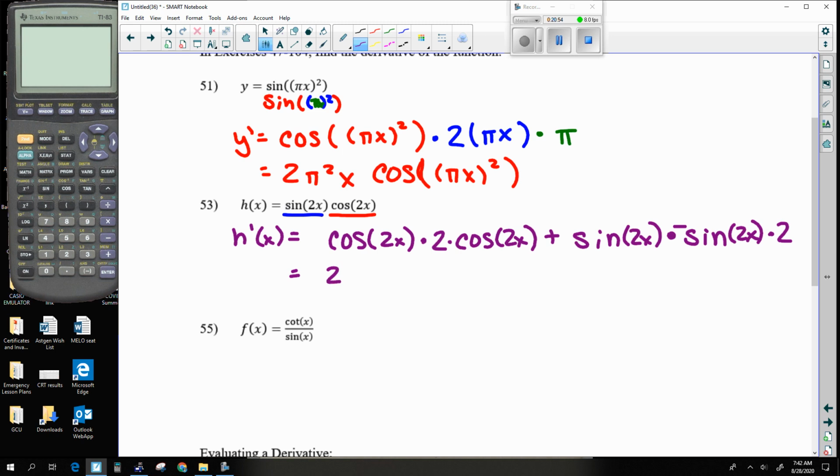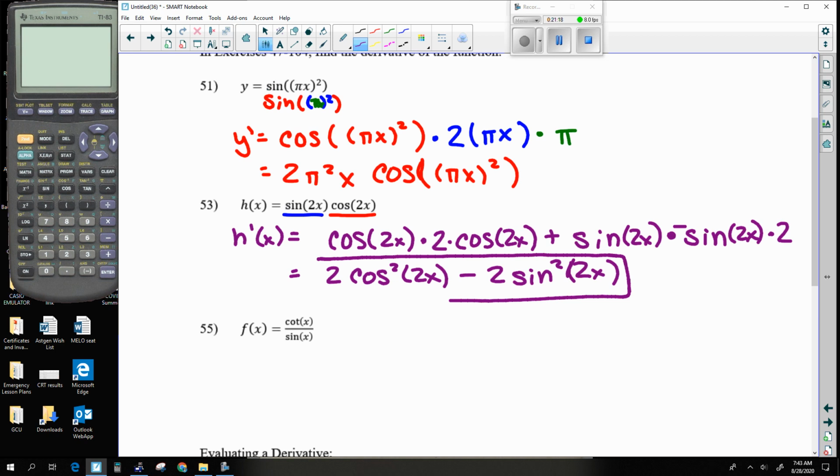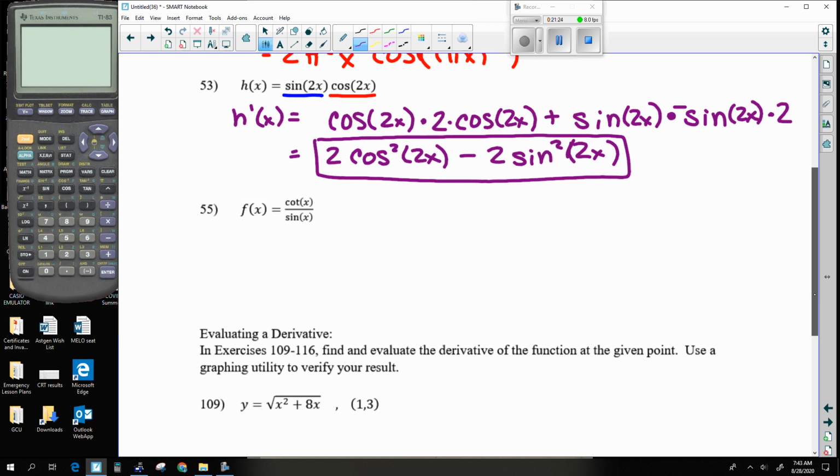So this is going to be 2 cosine squared 2x minus 2 sine squared 2x. I'll leave it like that. It's flirting with the idea of sine squared plus cosine squared, but it won't get there.